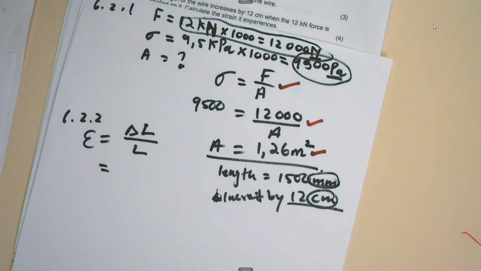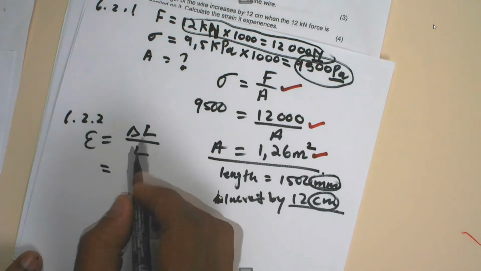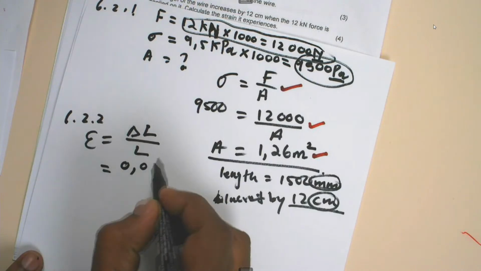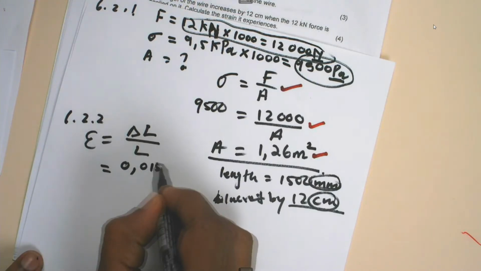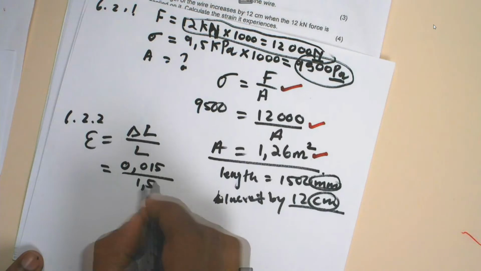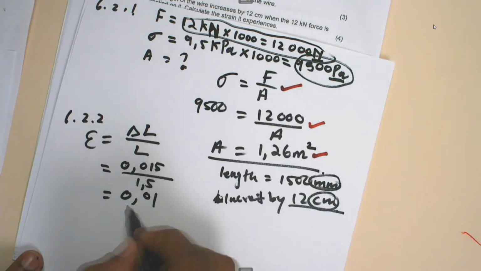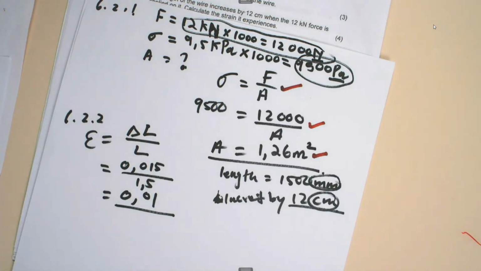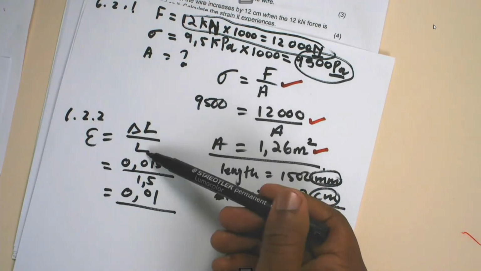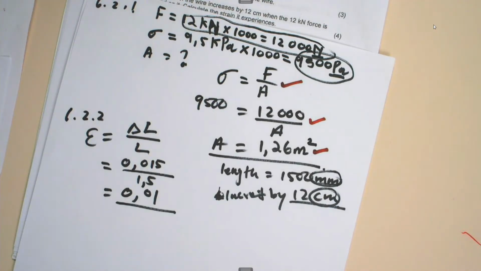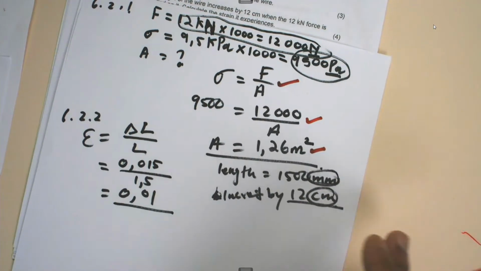So what must I do? I must convert them into meters and be able to use them correctly. So with that, I will have something like 0,015 divided by 1,5, which is just 0,01. And it does not have any unit because it's length divided by length. So it's basically that, 100%. So let's further move on.